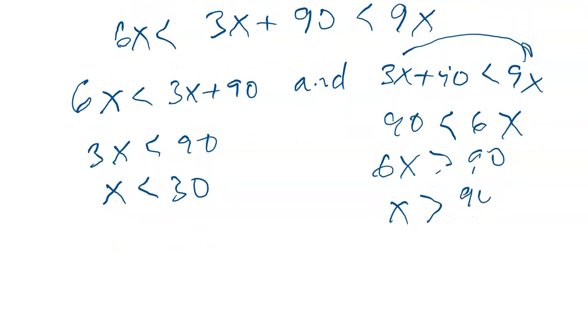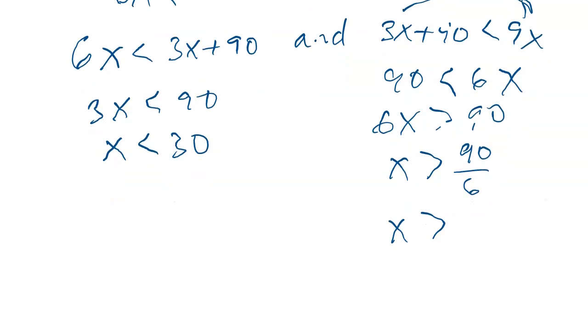This is 90 over 6. 6 goes into 90 15 times. Let's see, 6 goes into 90: 1, this is 6, this is 3, yep, 15 times.